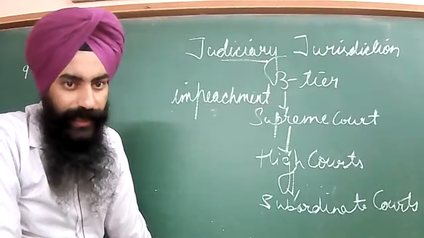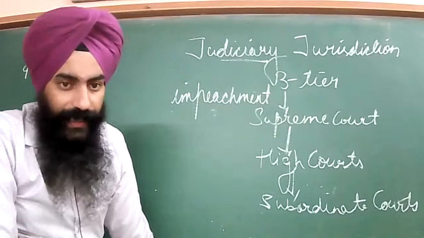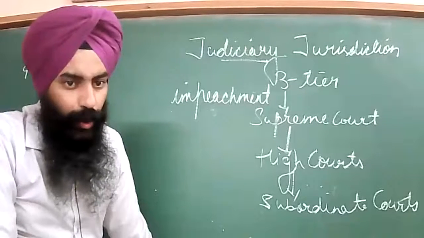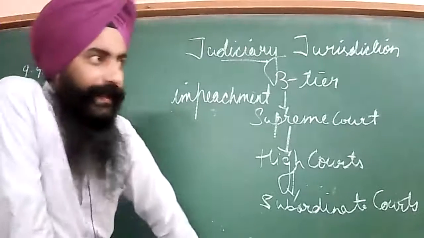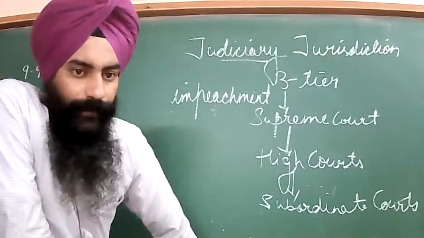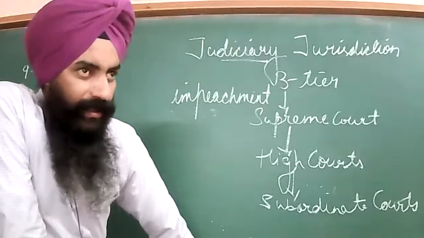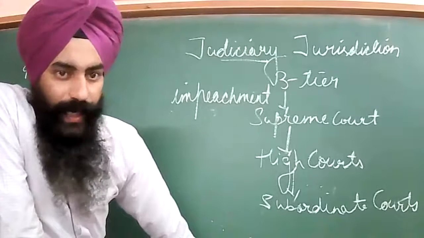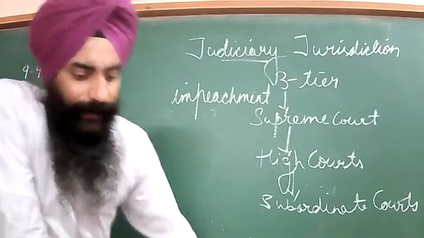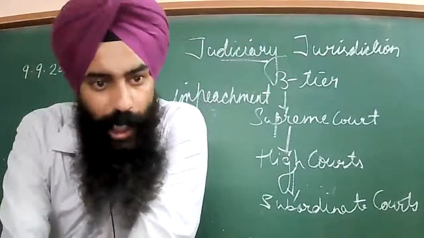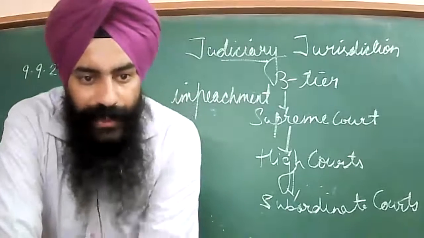Clear? Fourth difference. In criminal cases, the accused is prosecuted in the court of law. The case is presented against the accused by the public prosecutor.